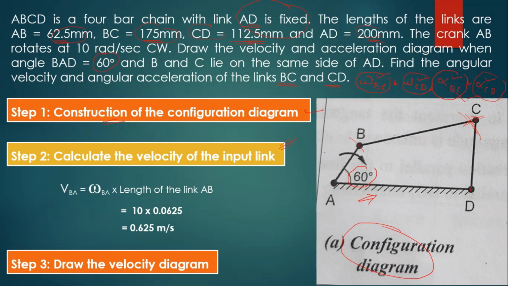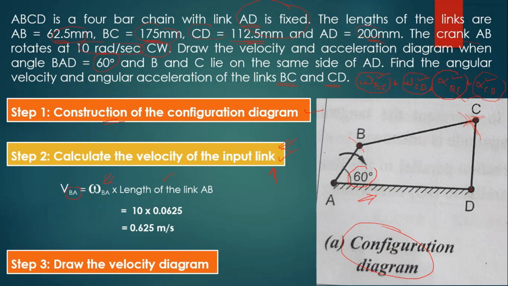The second step is to calculate the velocity of the input link, which is the link AB. The data is given. What is the formula to calculate the velocity of the input link? Velocity of B with respect to A is equal to the angular velocity of the link times the length of the link. Here the crank AB rotates at 10 radian per second clockwise.